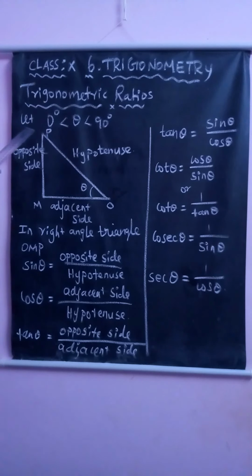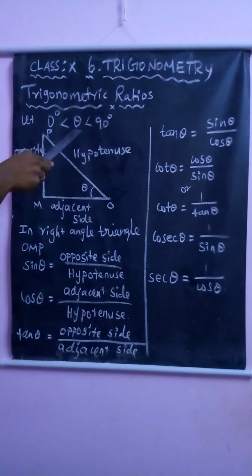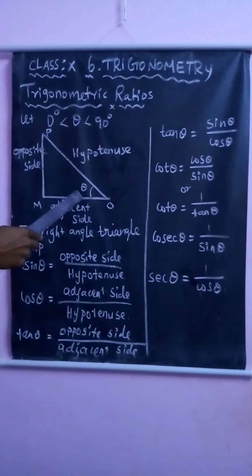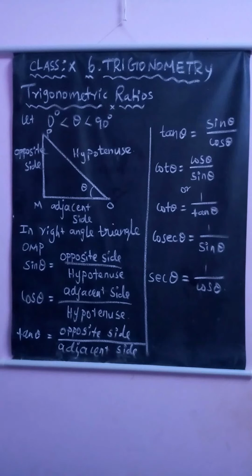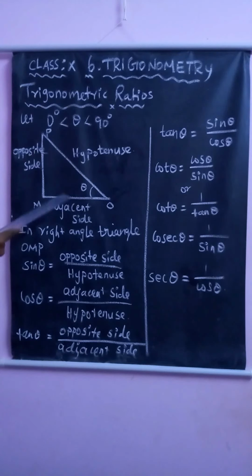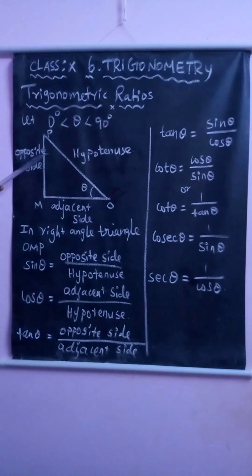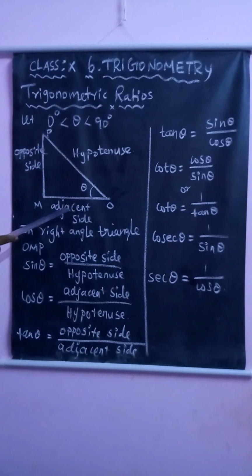So we can assume a right angle triangle, and take theta, where theta lies between 0 degree and 90 degree. Here the side opposite to theta is the opposite side.